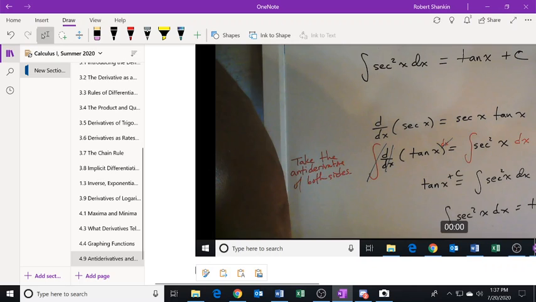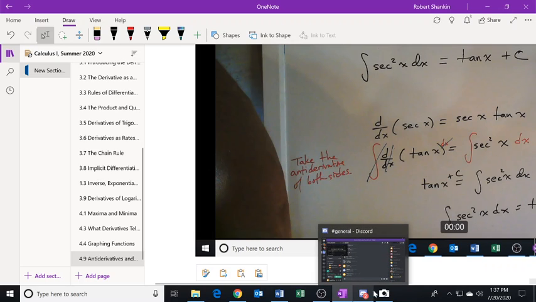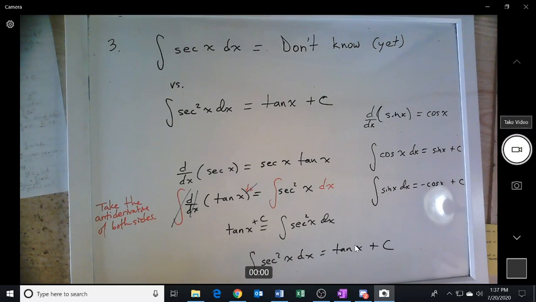So what about for cosecant? Cosecant is going to have the same problem that secant had. Cosecant squared, remember, that's the output of the derivative of cotangent, which is negative cosecant squared. So if you just multiply both sides by -1, you can get that. Being off by a constant is not a problem. So cosecant squared, yes, we can get its antiderivative, but we can't get the antiderivative of cosecant.